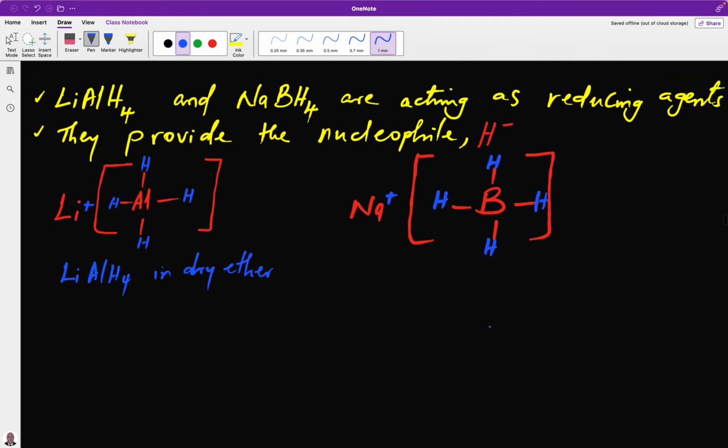Yeah, this structure, NaBH4 in aqueous alcoholic solution.